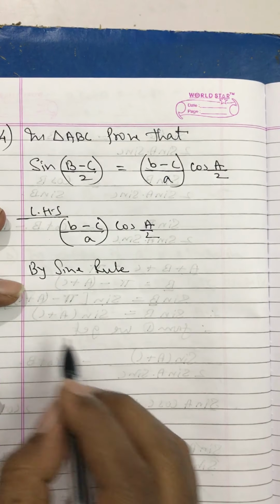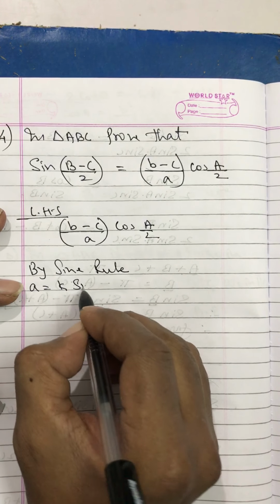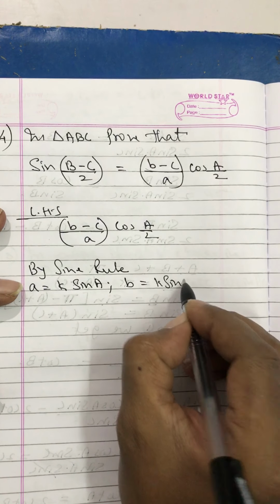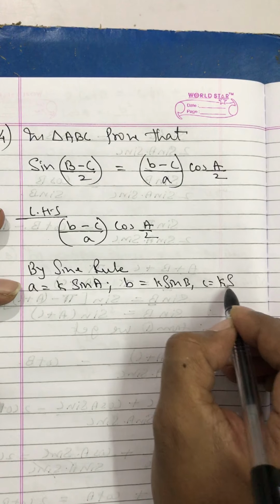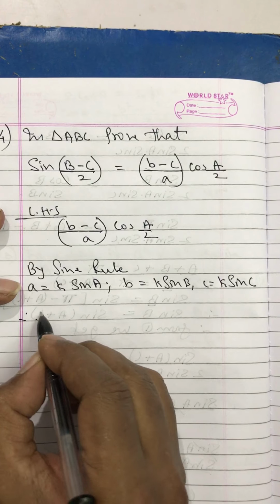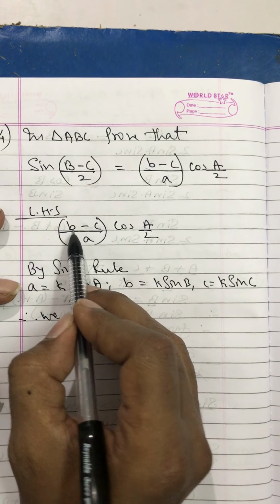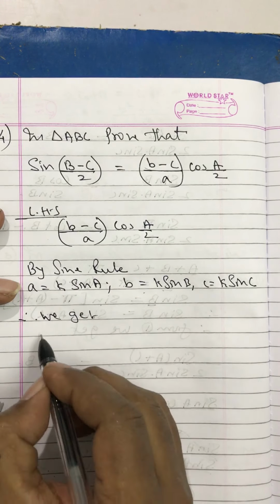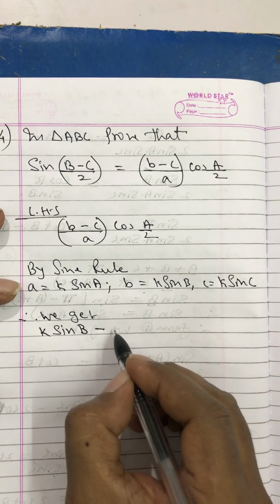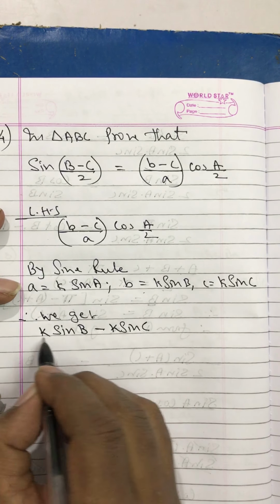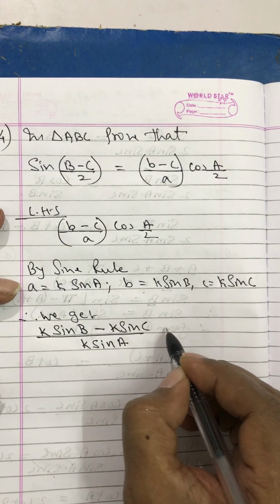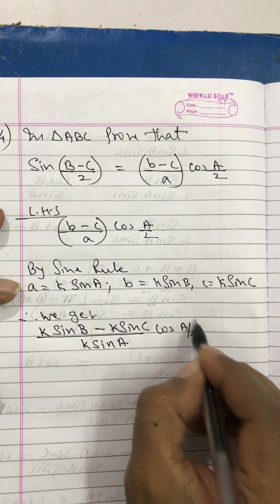sine rule a is equal to k sin A, b is equal to k sin B, c is equal to k sin C. Therefore we get b minus c is equal to k sin B minus k sin C upon k sin A into cos A by 2.